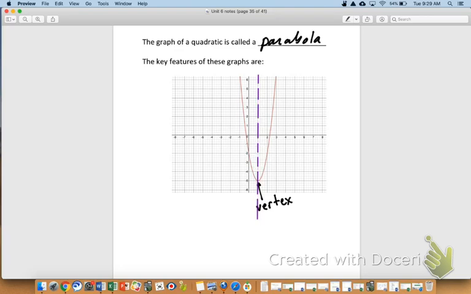This little purple line that I'm drawing in here is called the line, or sometimes known as the axis of symmetry. And you can probably see why it's called that, because doesn't it split the parabola right in half? Two equal halves. That's called the axis, or the line of symmetry.